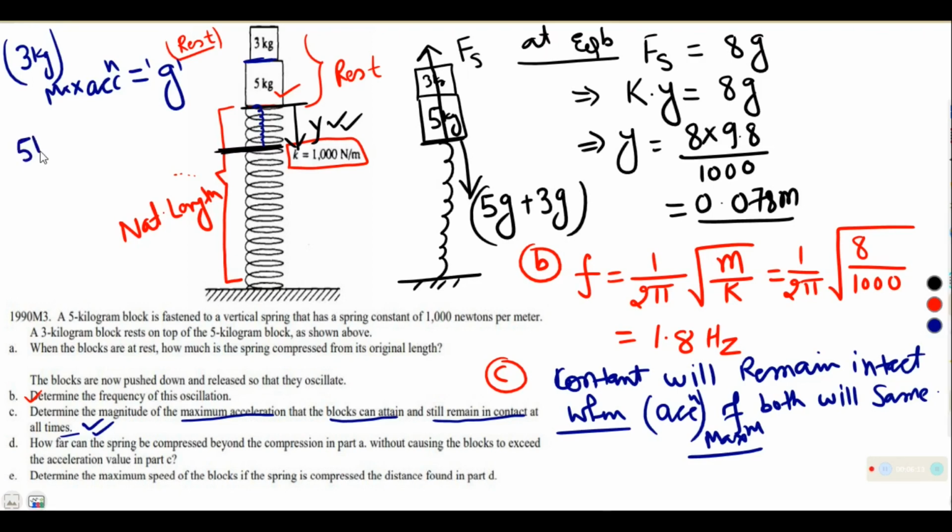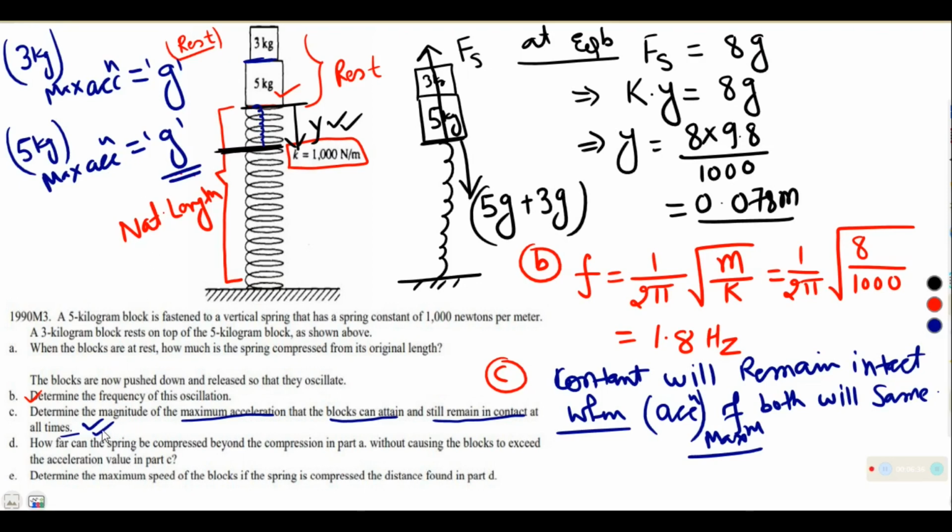And for the 5 kg block, the maximum acceleration should also be equal to g. If the 5 kg block accelerates greater than g, then there will be a gap between the 3 kg and 5 kg blocks, so there will be loss of contact.